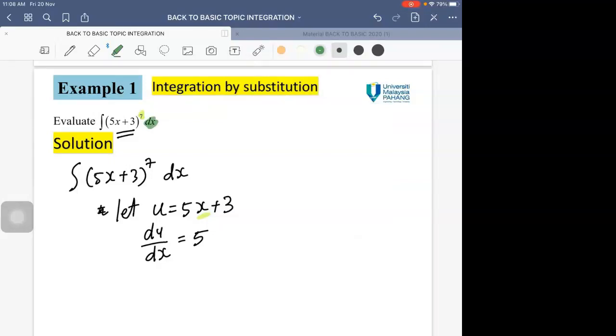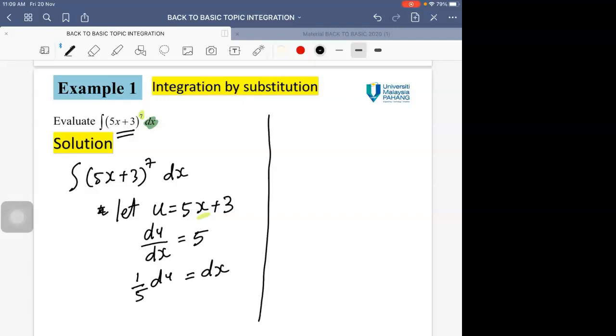So we make a rearrangement. If you rewrite this, you may get 1 over 5 du equal to dx. Am I correct? Correct or not? Do you agree?